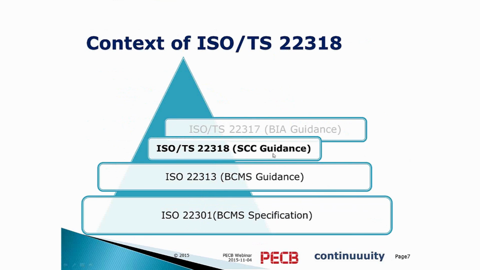So if I understand your question correctly, if you want to do the 18, you shouldn't do it in mid-air, but in the context of the 01, which tells you how to prepare a BCMS approach at all, you know. If you just look at the 22318 and do what's prescribed there, then it's like creating the 4th floor of the building without doing the other floors and the foundation. Okay?